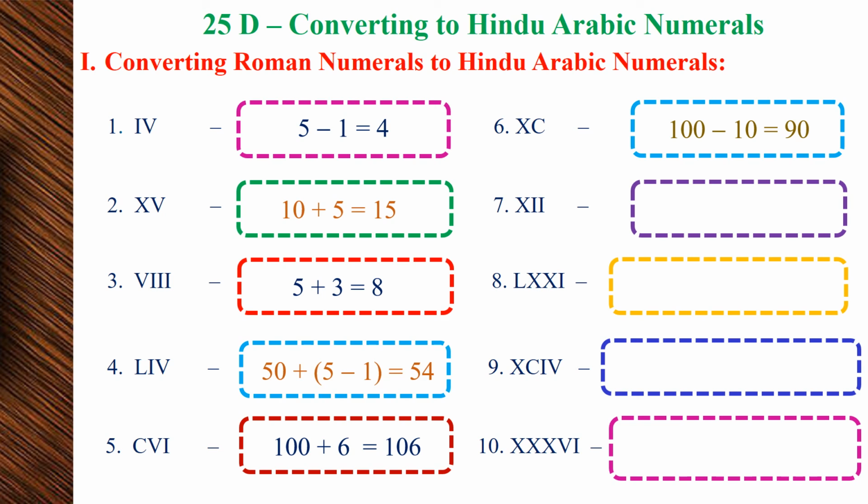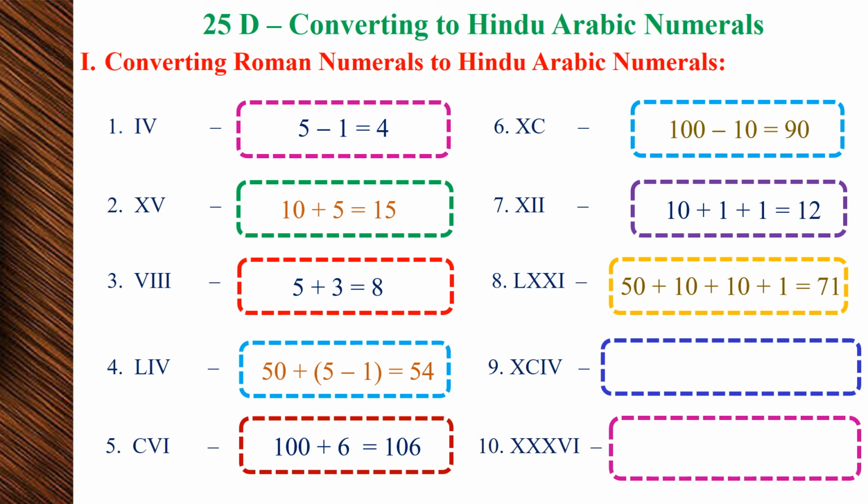XII. Here we have to just add it. So 10 plus 1 is equal to 12. Next one is LXXI, which is 50 plus 10 plus 10 plus 1 is equal to 71.